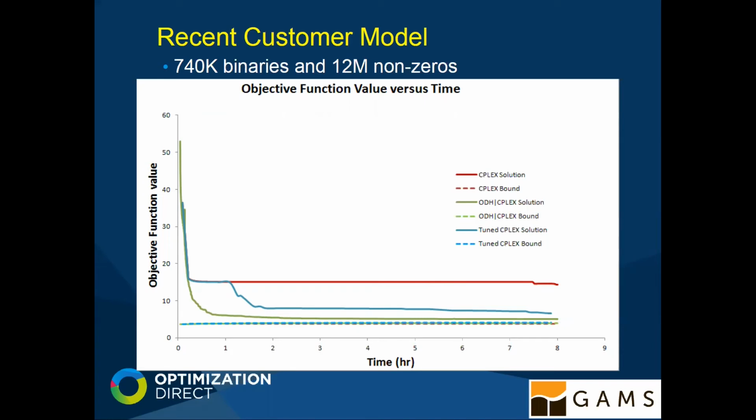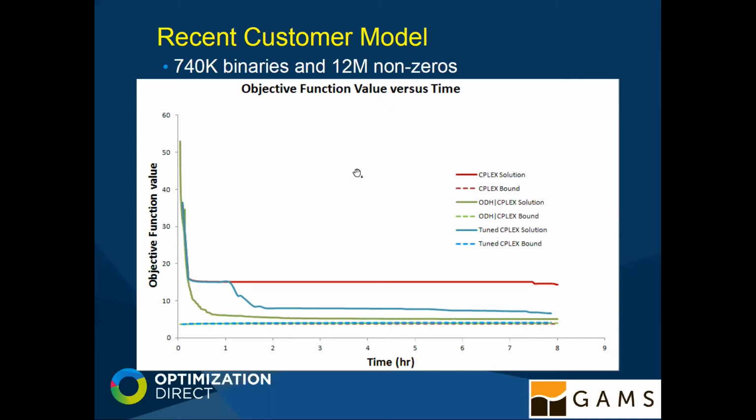If we worked hard and tuned CPLEX for this particular model class, we can improve its performance. You can see that here with the blue lines, in which the gap between the solid blue and the dotted blue lines, being the solution bound, for the tuned CPLEX optimizer is significantly less than it is for the out-of-the-box untuned one.